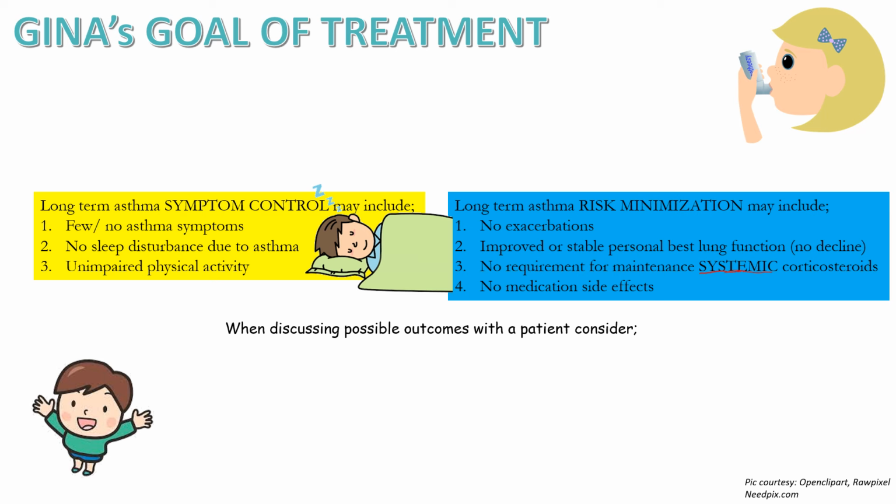So when discussing the possible outcomes with the patient, one must also consider their goals, asthma phenotype, clinical features, and multimorbidity. This is a new term which has been coined by GINA 2024, because in previous GINA guidelines the term used was comorbidities.